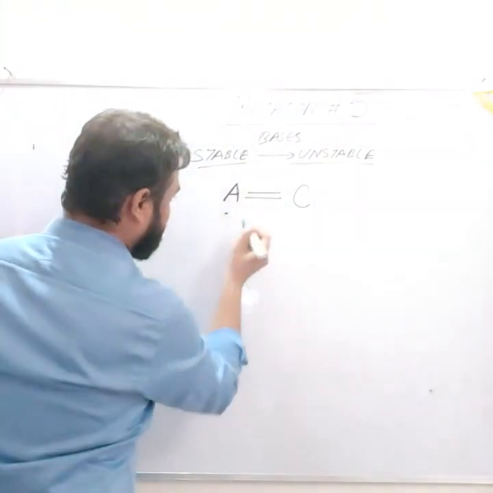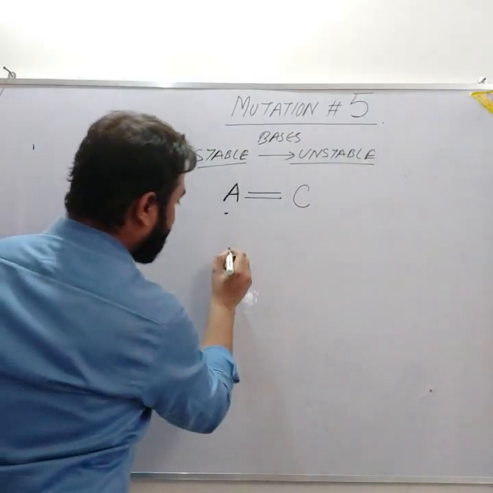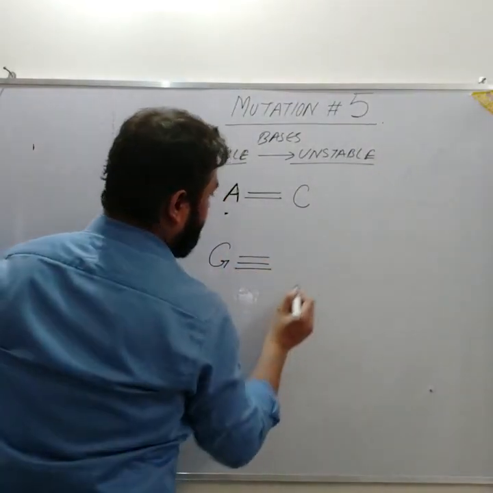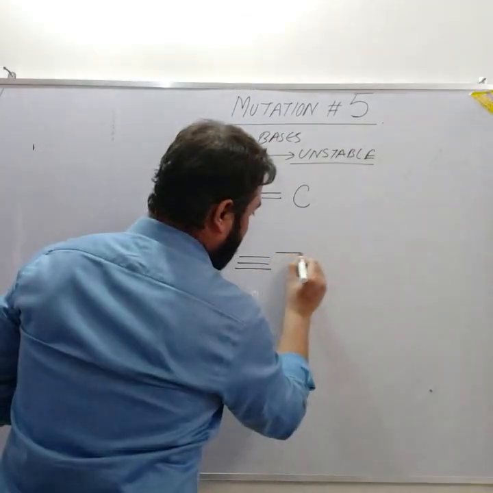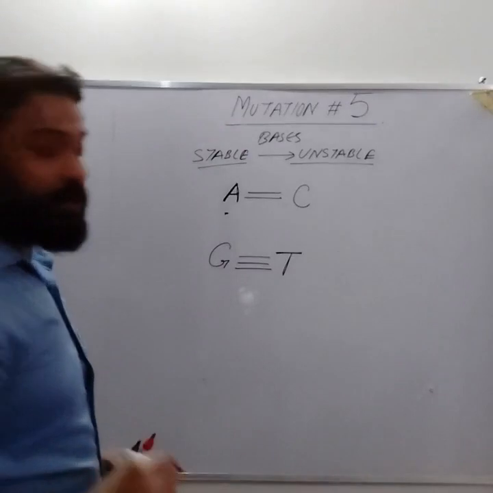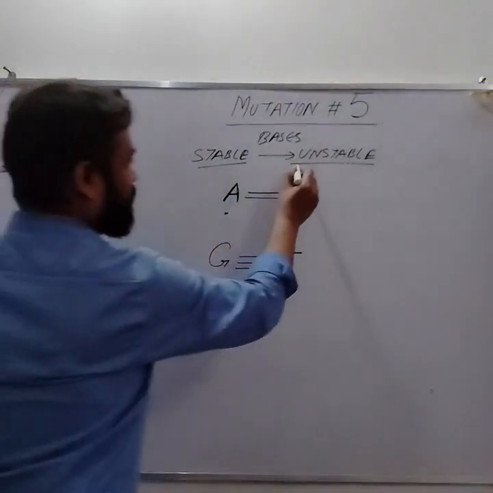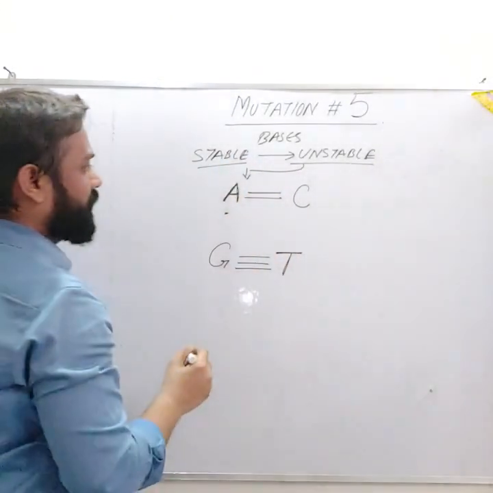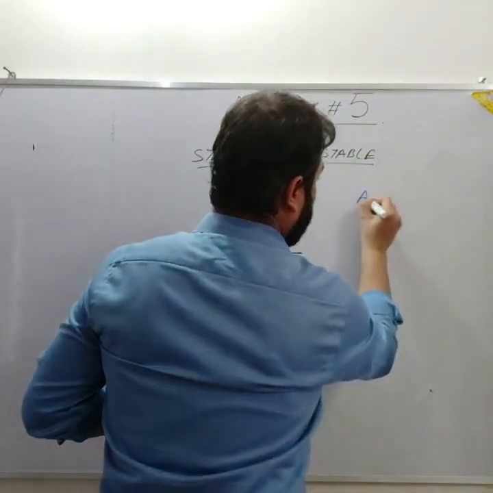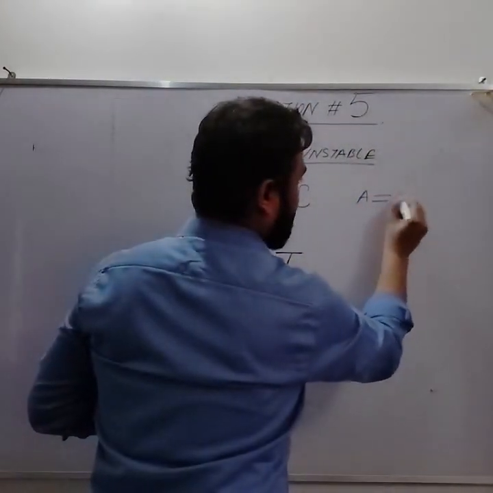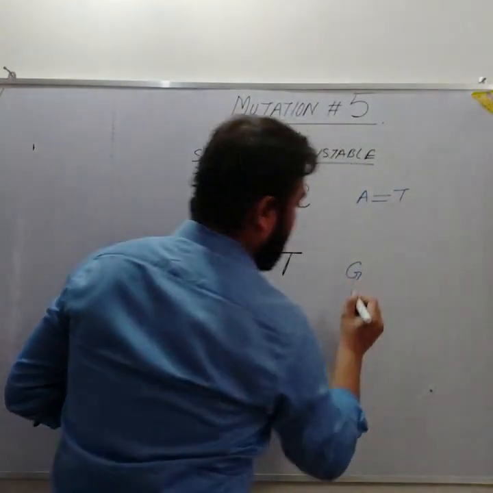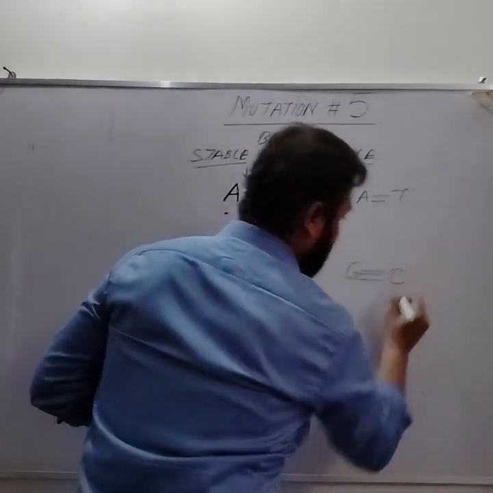The same case with guanine: instead of cytosine, it will now pair with thymine because of the unstable form. What is the correct pairing? Adenine pairs with thymine, and guanine pairs with cytosine.